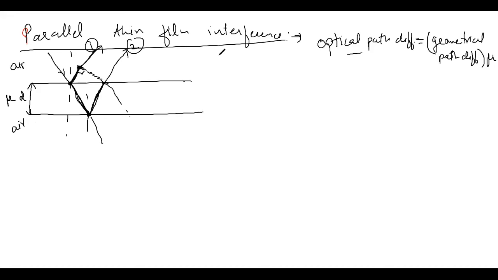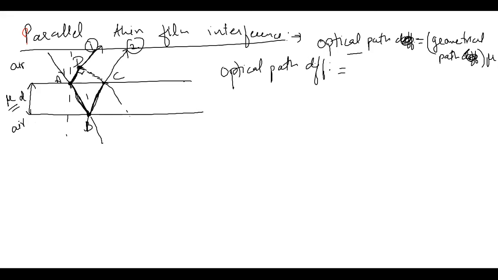So if I now talk about the optical path difference, let's say this is your point A, this is your point B, this is your point C, this is your point D. For this medium, when your ray was traveling in this medium, your refractive index is mu. So for this, sorry, this is the optical path, not the path difference.